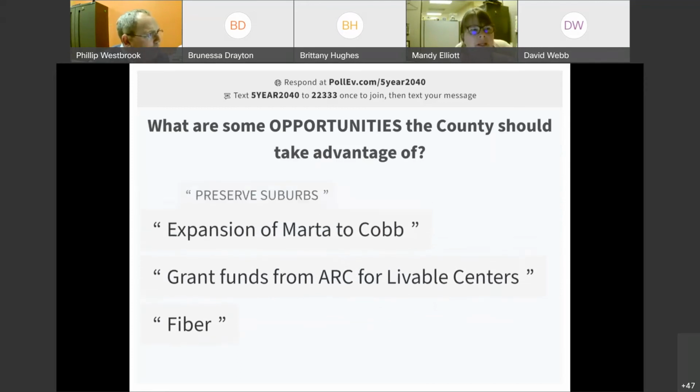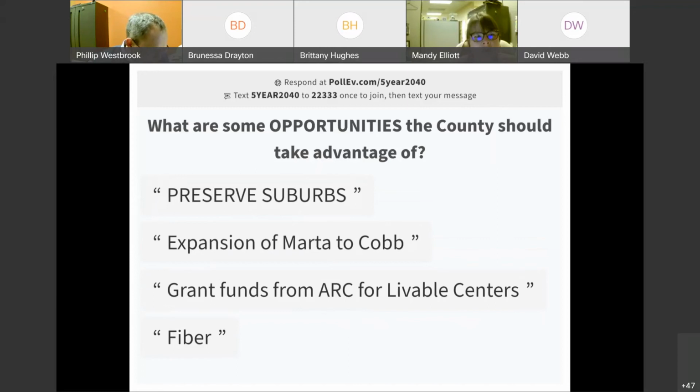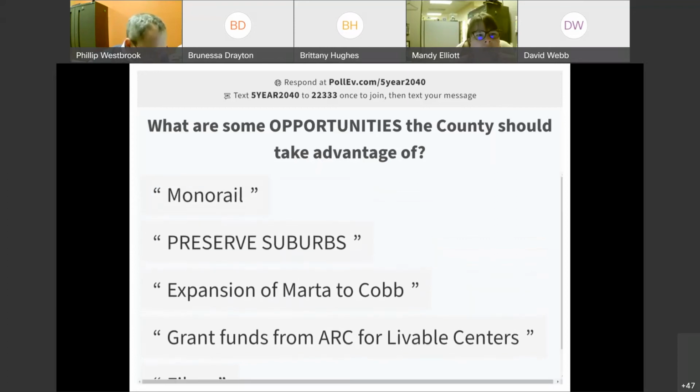Also think about, if you're still around in 20 years, what would you want to see in Cobb County?